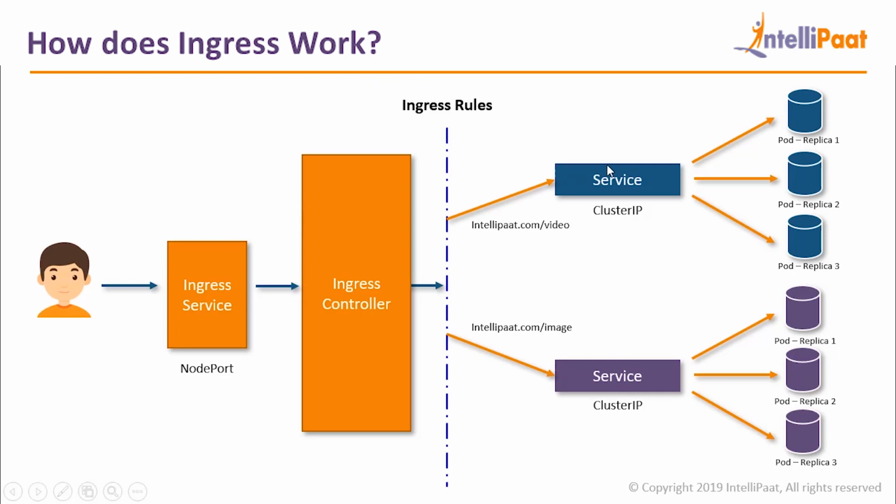But for the services that we saw earlier, the services for the applications, we were directly accessing the service, right? But when you're using an ingress, the rule says that a service should be a ClusterIP, so that the services cannot be accessed directly. They can only be accessed through the ingress.